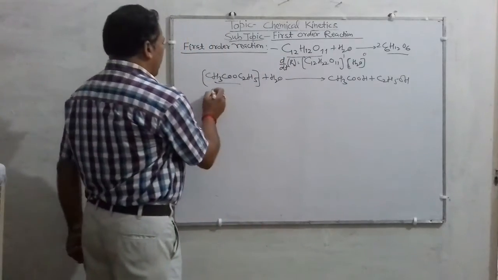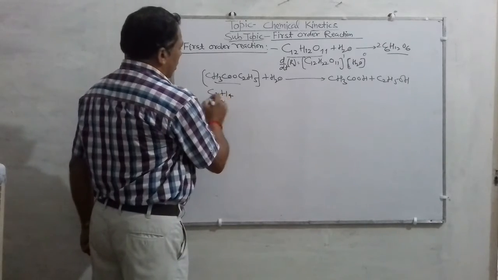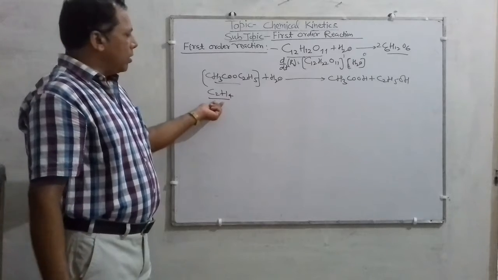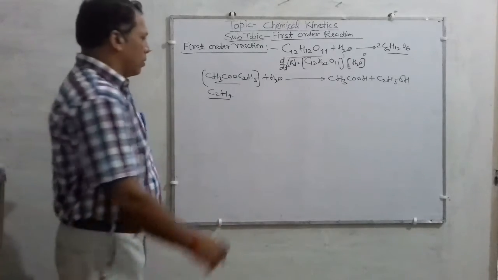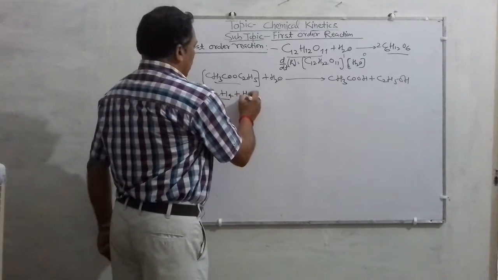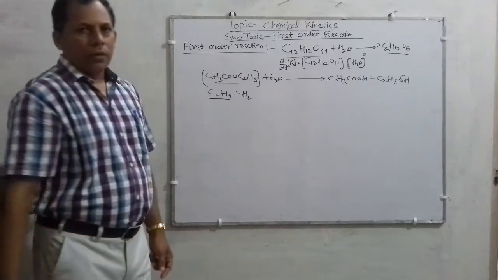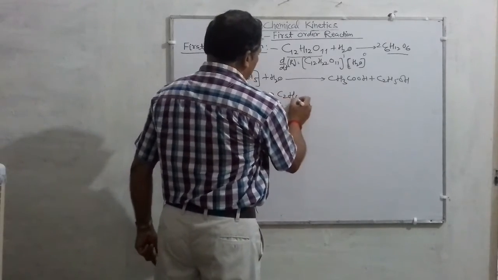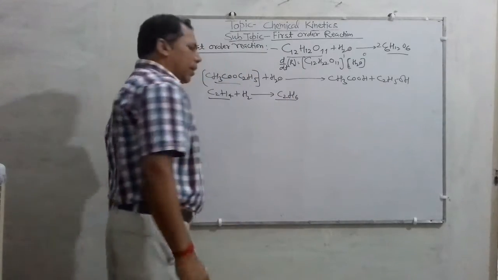One more example I am writing. You have heard the name of the compound ethylene, generally called ethene, C2H4. When it gets hydrogenated, meaning it reacts with hydrogen, it forms C2H6, that is ethane.